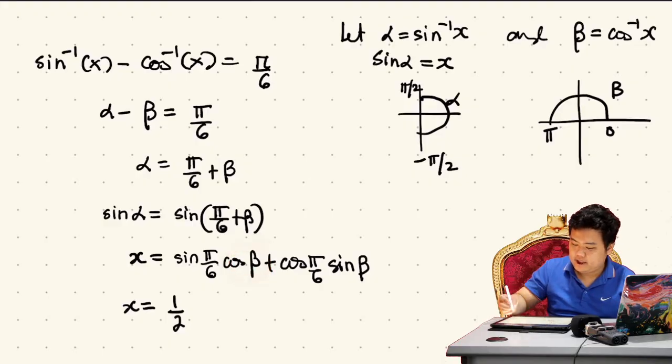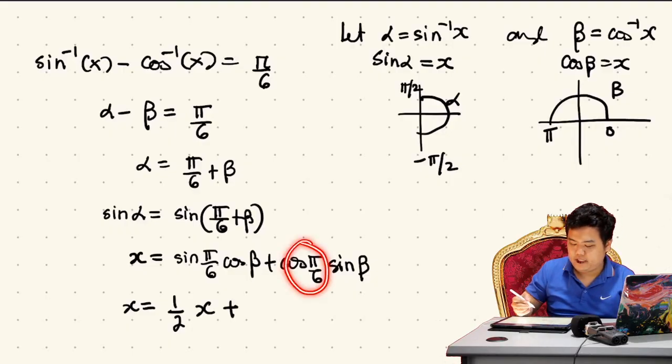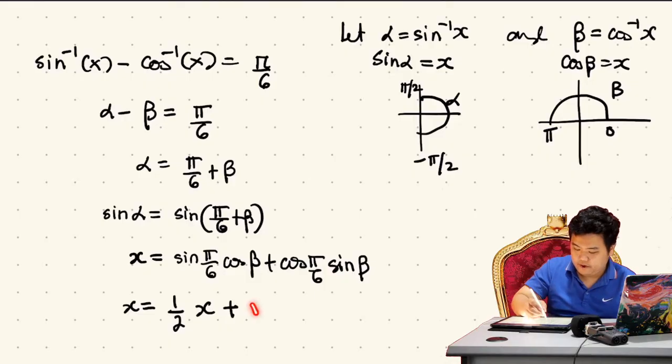Cosine beta is, so tingin ulit dito. So this means cosine beta is x plus cosine pi over 6 is square root of 3 over 2.